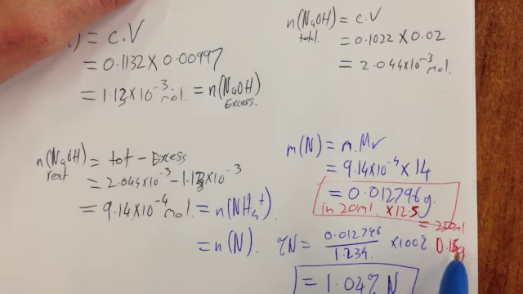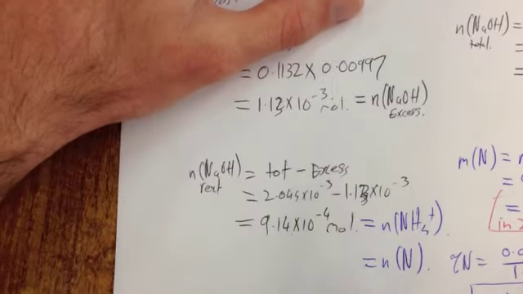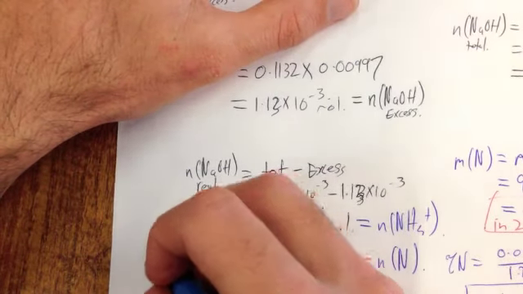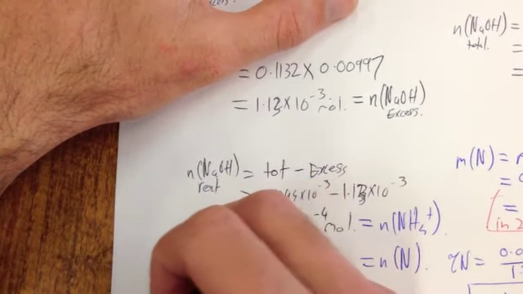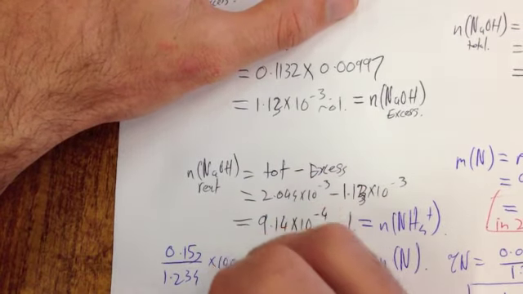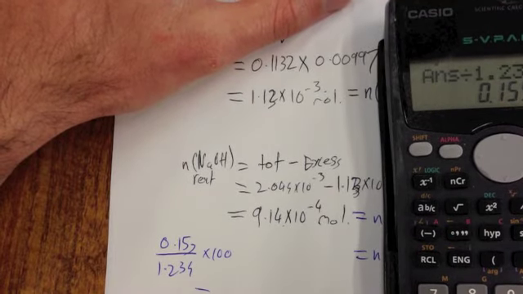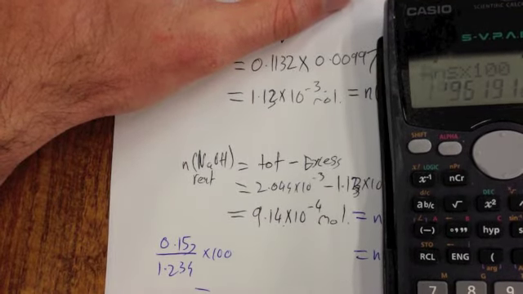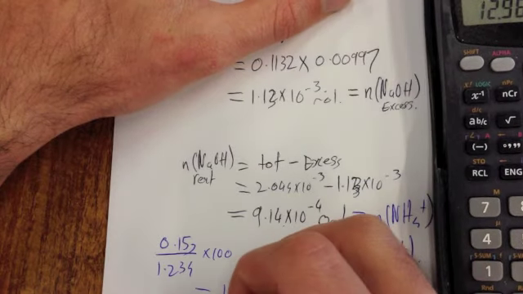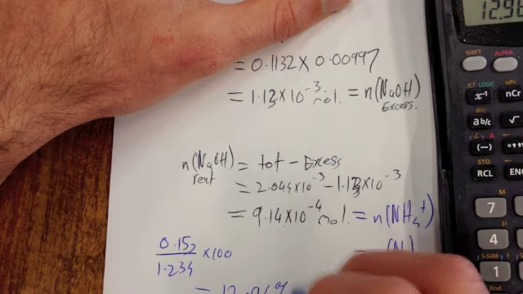Now, I've got my mass there, so therefore I should change this to being my percentage. 0.15 grams divided by 1.234 times 100 equals 12.96%.